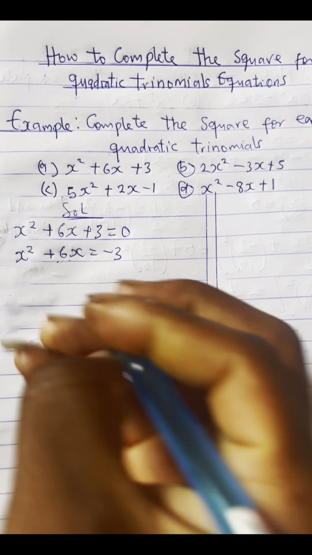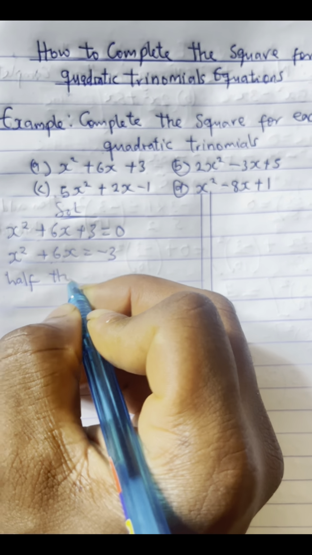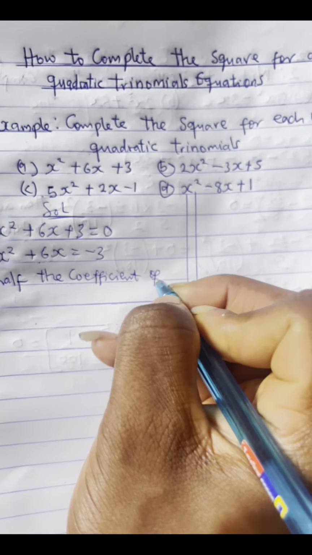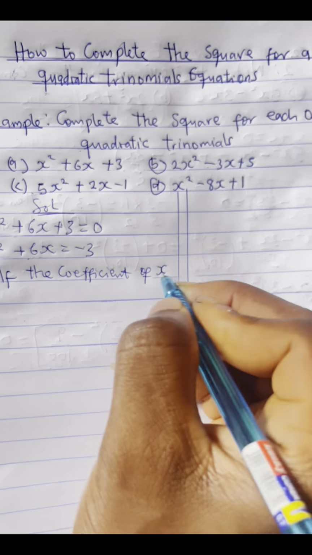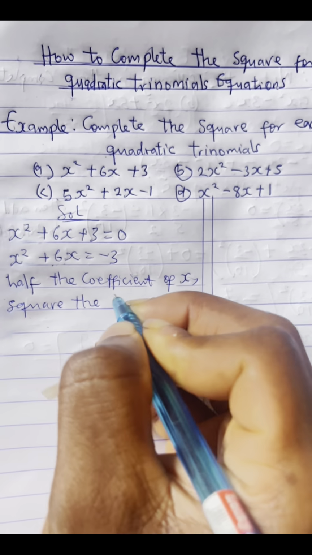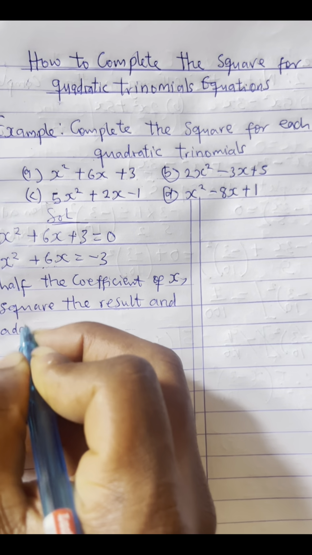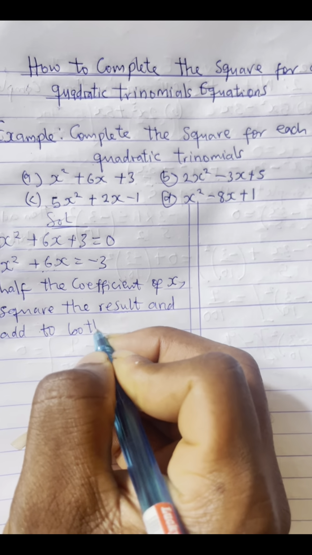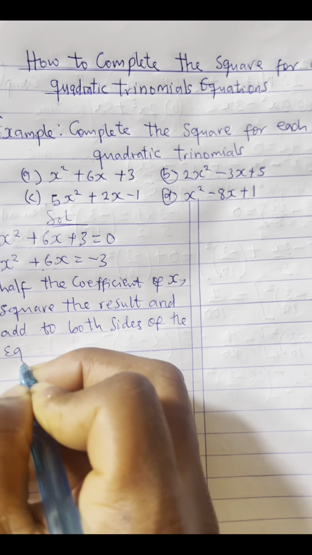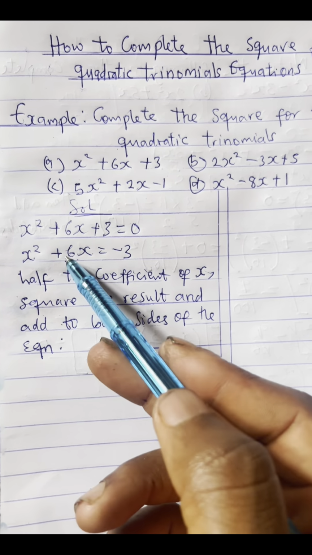So I'm going to take the coefficient of x, half it, square the result, and add to both sides of the equation.